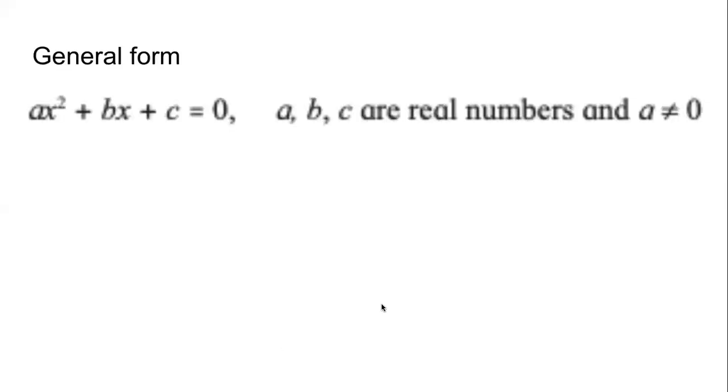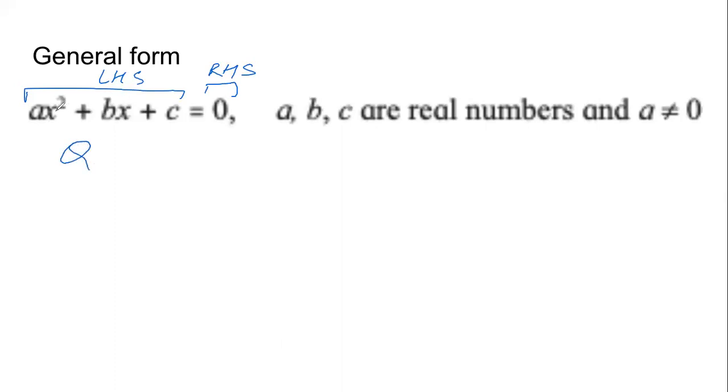What is the general form? General form of a quadratic equation looks like this. You know the parts already. There is, of course, an equal to sign, a left hand side and a right hand side. Clearly, what we see on the left hand side is a quadratic polynomial.